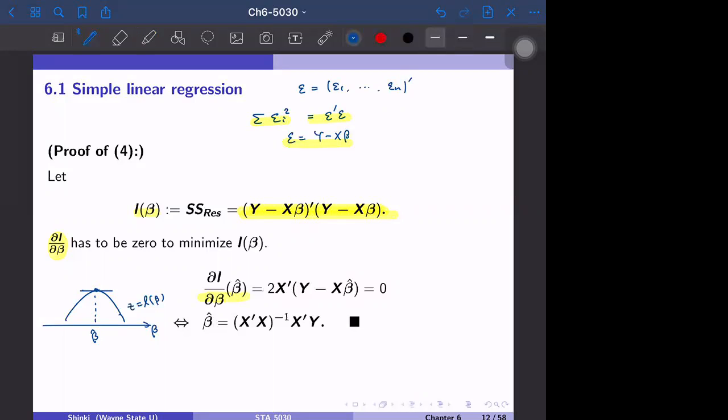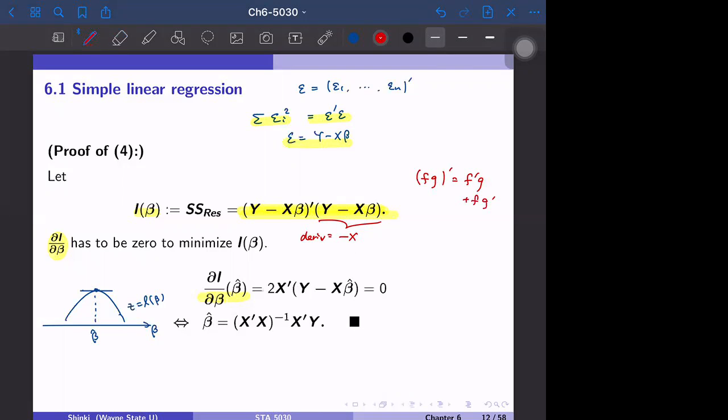For example, for the second term, the derivative is just negative x. To differentiate the entire quantity, we use the product rule: in general, the derivative of f times g is f prime g plus f g prime.